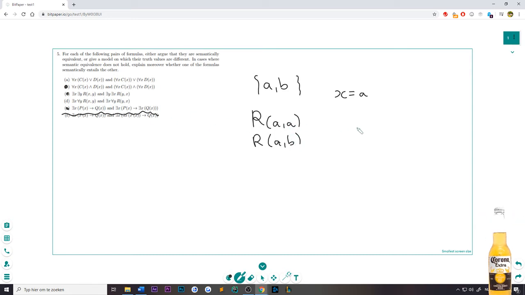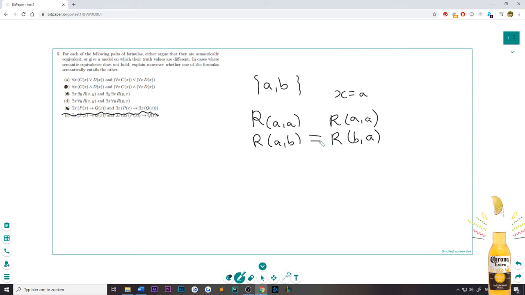And then for the second one, it's saying that there's an x for which for all y, the opposite holds. So that's saying that there exists an x, A, for which AA, but also BA, right?